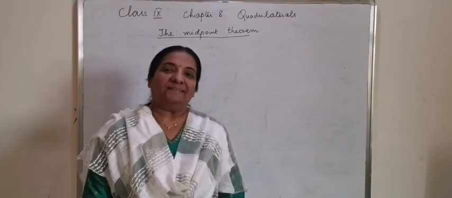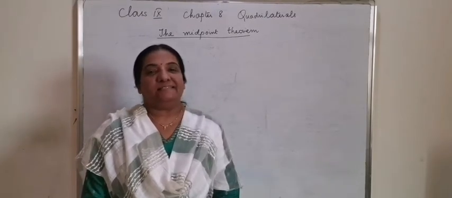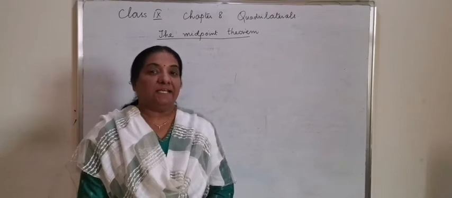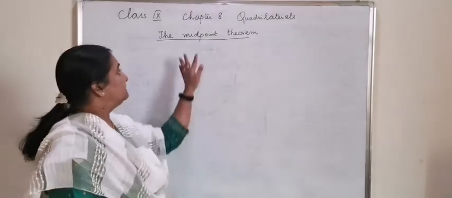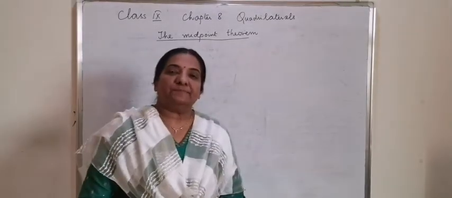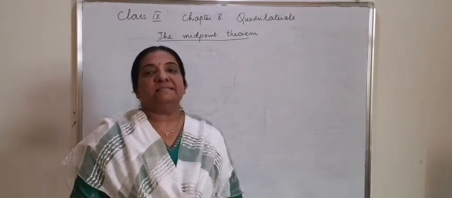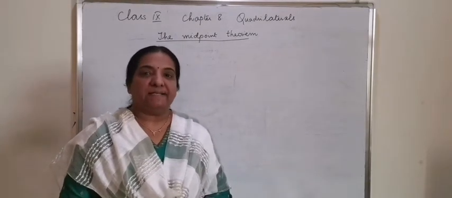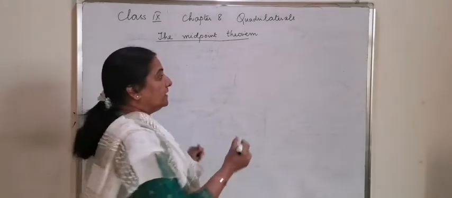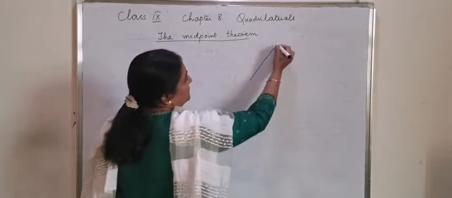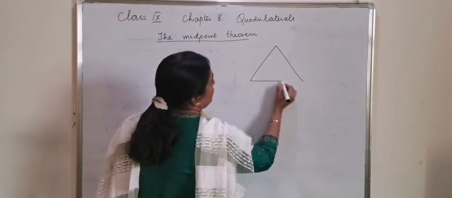Good morning, children. The last topic in this lesson, quadrilaterals, is the midpoint theorem. The midpoint theorem is a property that is related with triangles. Consider triangle ABC.